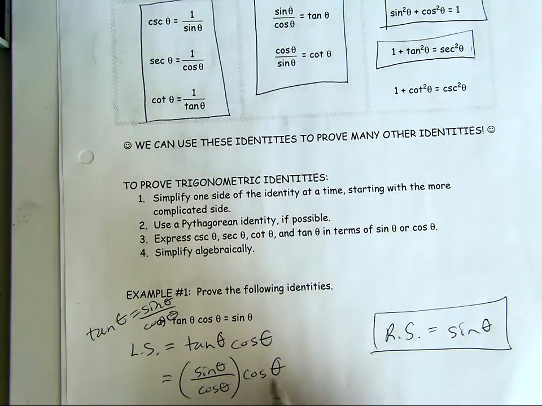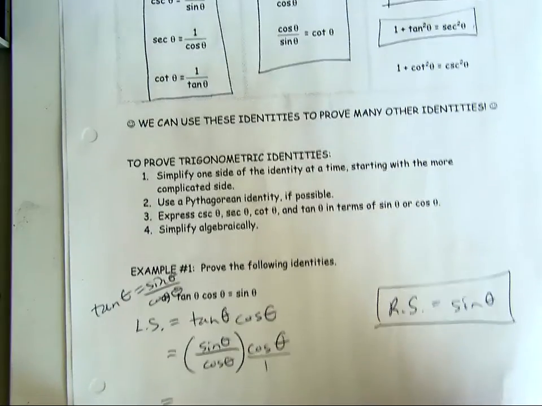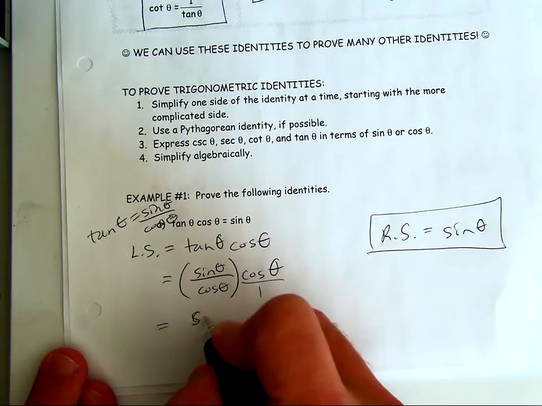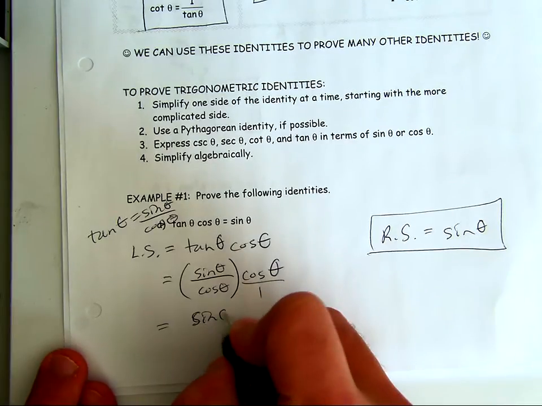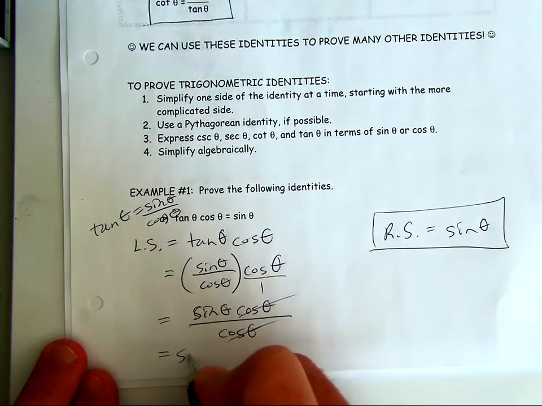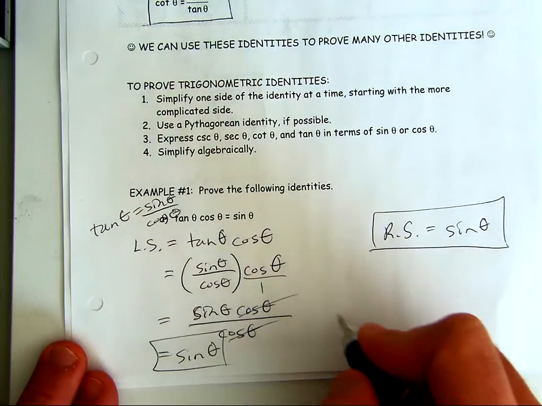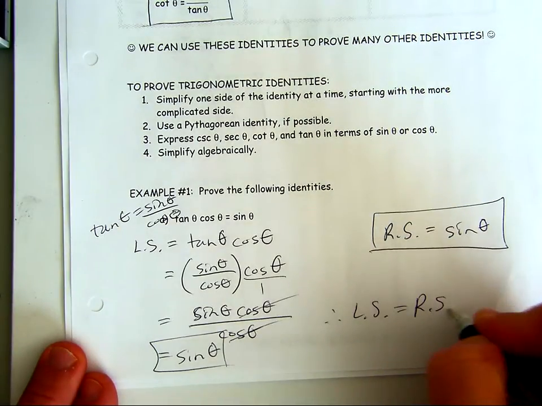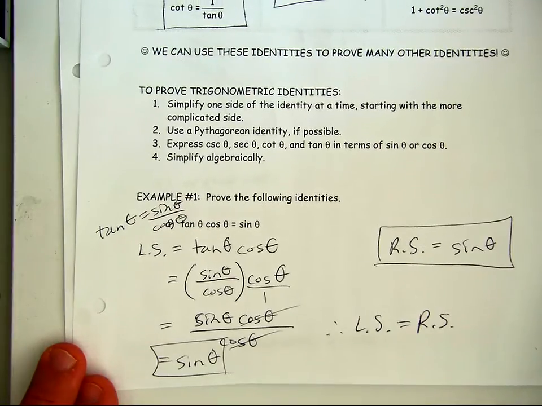And that's just like cos theta over 1. This is just a multiplication between fractions, and so sine times cos is sine theta cos theta, and cos times 1 on the bottom is just cos theta. Of course, I can cancel those out, and I'm just left with sine theta. So, of course, the left side and the right side of this equation are equal. Let's take a look at the next ones.